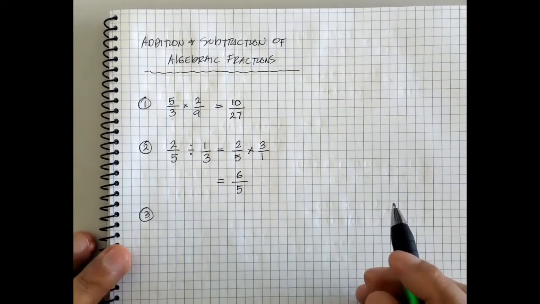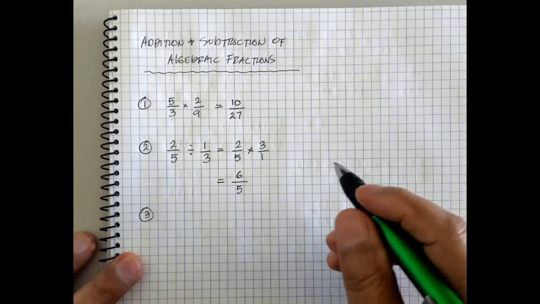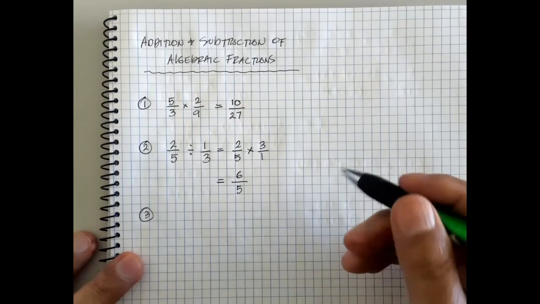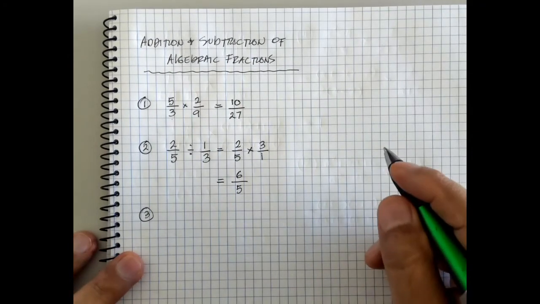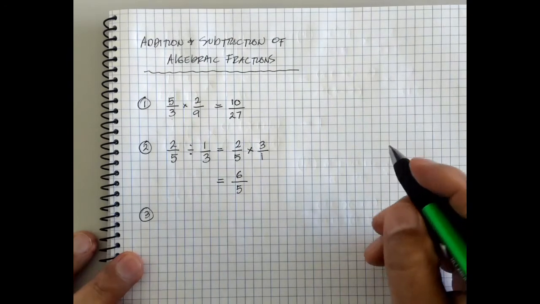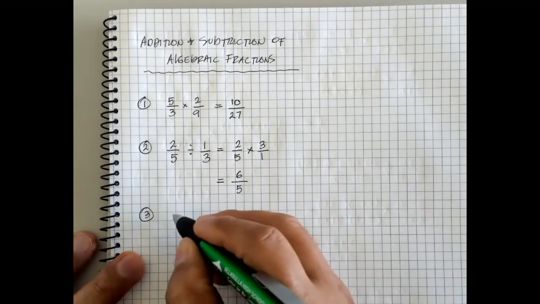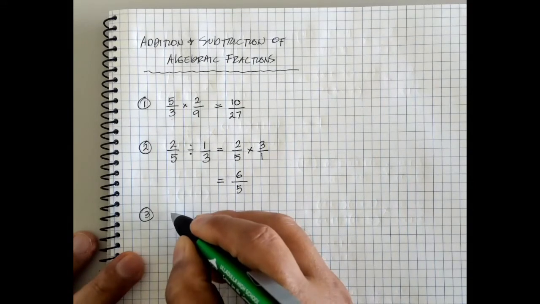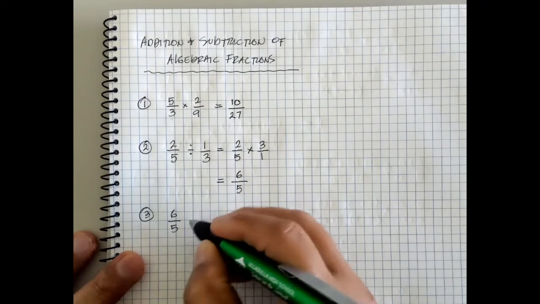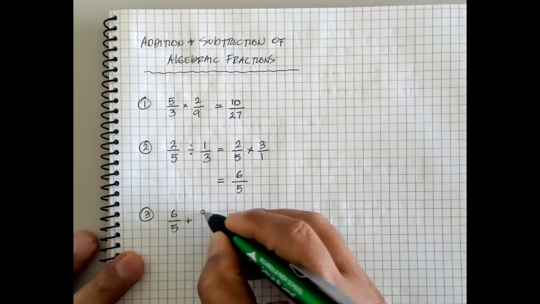When we add or subtract fractions is when the whole thing gets a little bit different. So we need to consider 2 cases. Let's say that we are doing 6 over 5 plus 3 over 5.